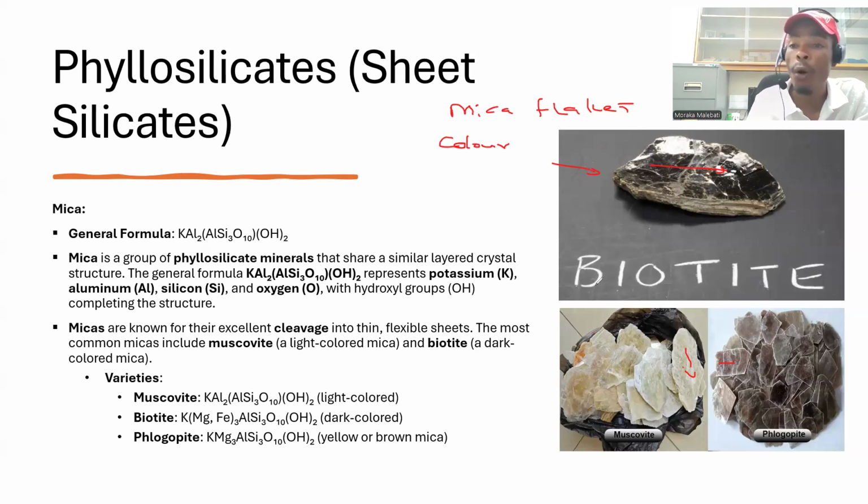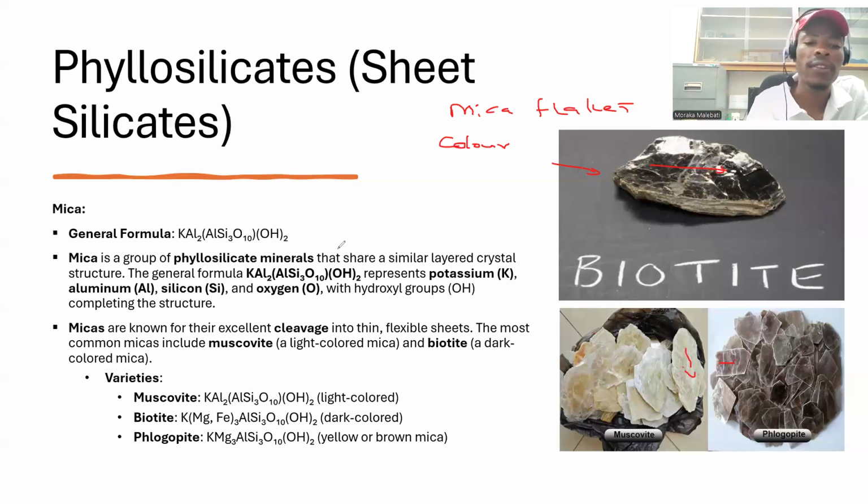If you peel it off, you have a single sheet, and you will see it's colorless, so it's clear. And then you can have phlogopite, which is not that black, and not that light, something in between.